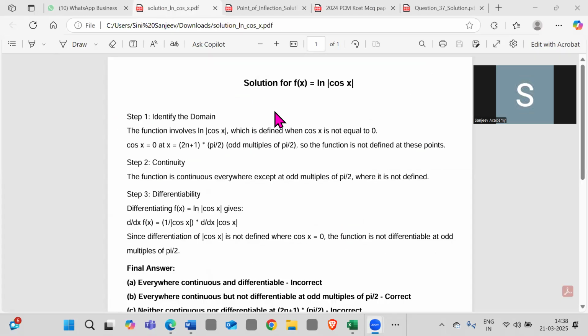Is everyone able to see the screen now? Is everyone able to see the screen? Yeah, perfect.